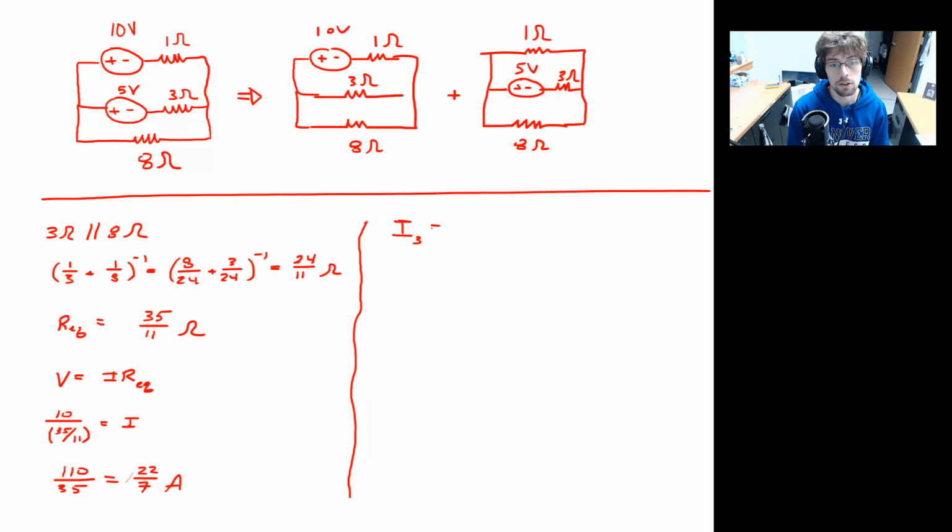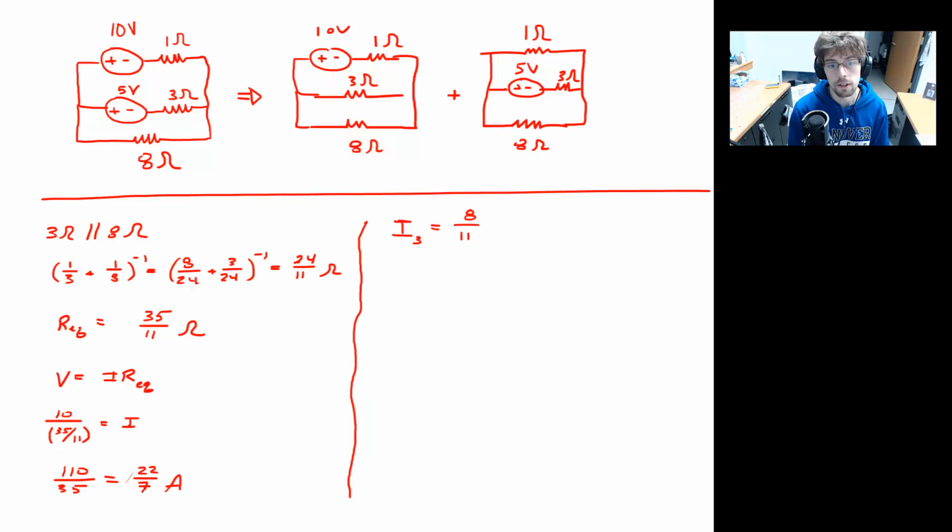The current through the 3 ohm branch, I always think of it as the path of least resistance. So the current through the 3 ohm branch is going to be something like 8 divided by 11. You notice, where did I get the 8 from? It's that bottom resistor, and 11 is the summation of the two resistors.